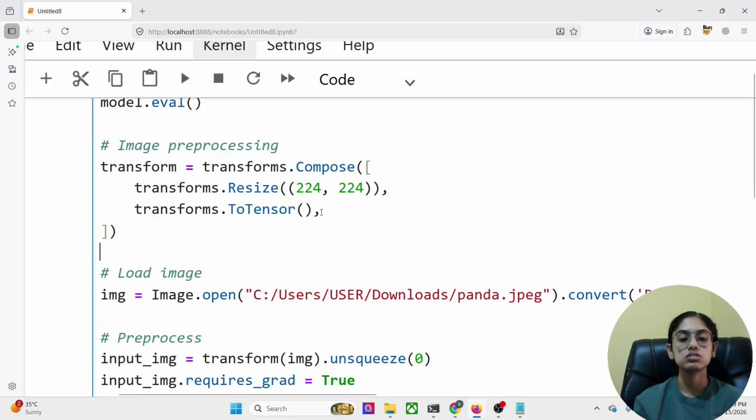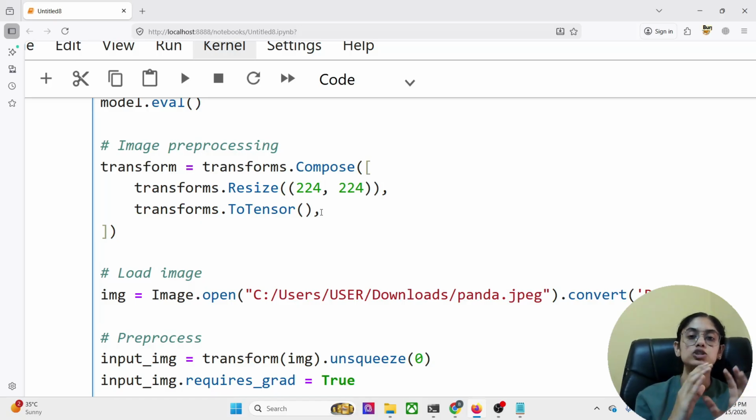Next, ToTensor: if I provide my image directly to the model, it can't understand anything because it understands only numbers. So here I am converting my image to numbers between 0 and 1.